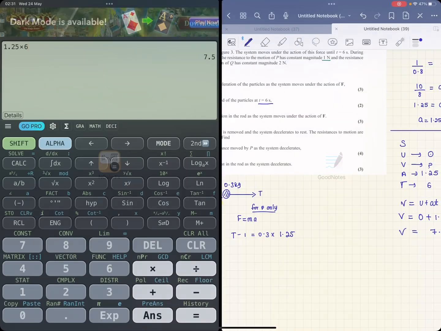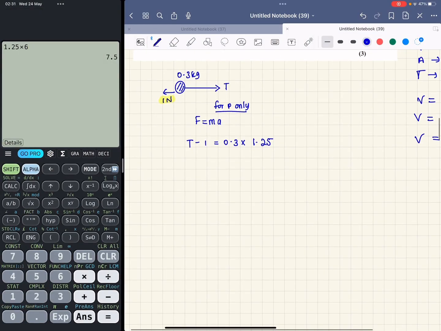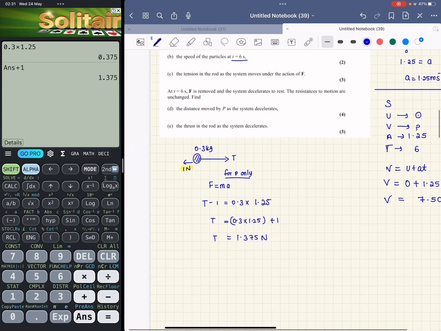And if I resolve this equation, I would have 0.3 times 1.25 add 1. And that should give you the tension. 0.3 times 1.25 is 0.375. And to that answer, if I add 1, it is 1.375 newtons. That's the tension.